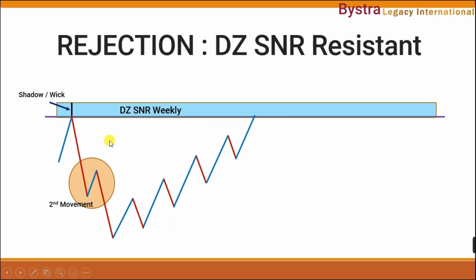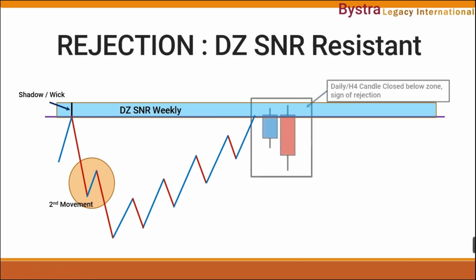Now when price is coming to the danger zone SNR weekly at the resistance, we have to wait for, what is it, guys? The confirmation of rejection. Since this is the weekly time frame, then we have to wait for the rejection at what time frame, guys? The daily and the H4.